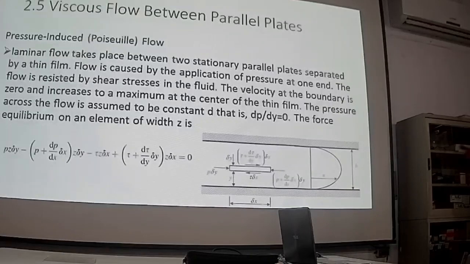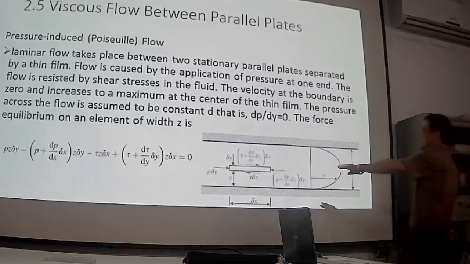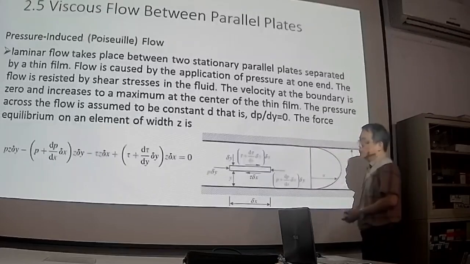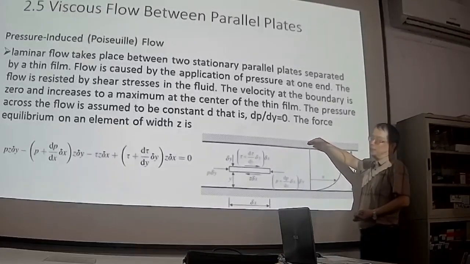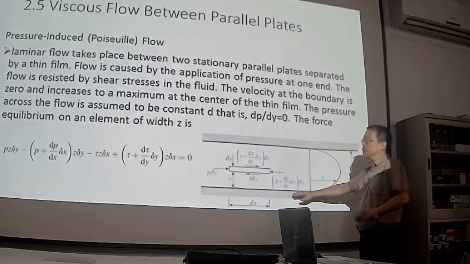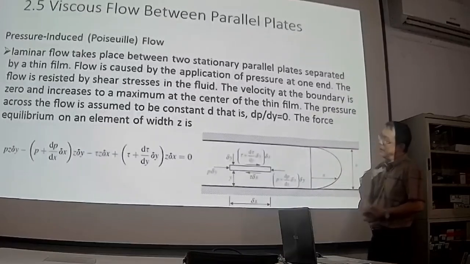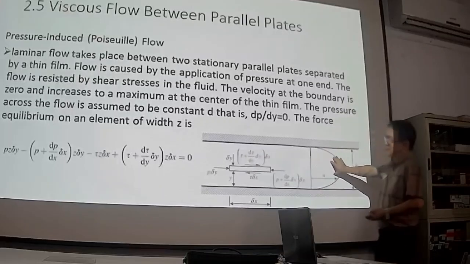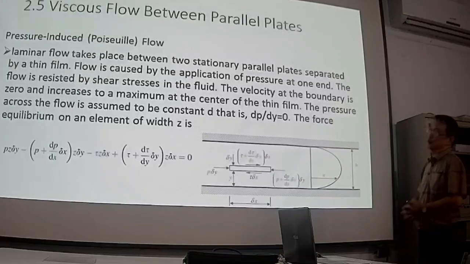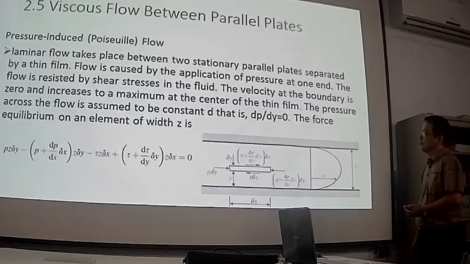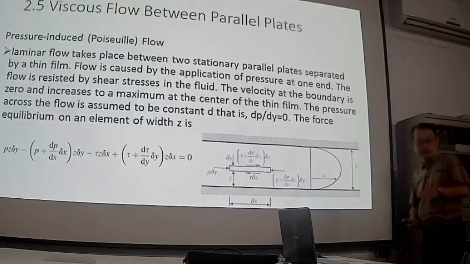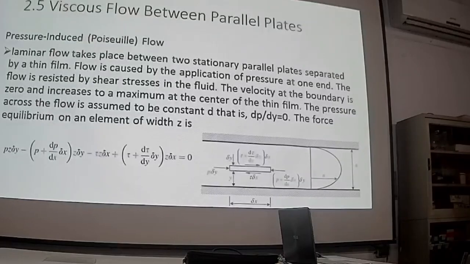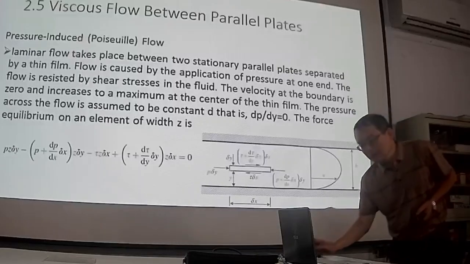So viscous flow. The Newtonian fluid flow between these two plates. You can assume this is the thrust bearing and this is a fixed plate. And here we have a lubricant. It's a pressure-induced flow, because we use the pressure supply system to pump the lubricant into the bearing surface.